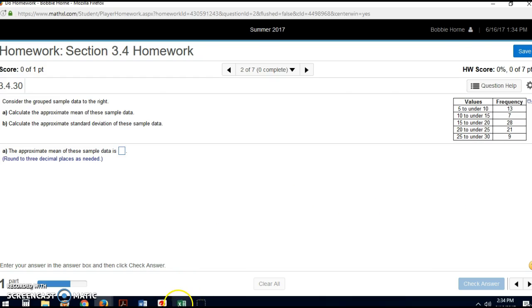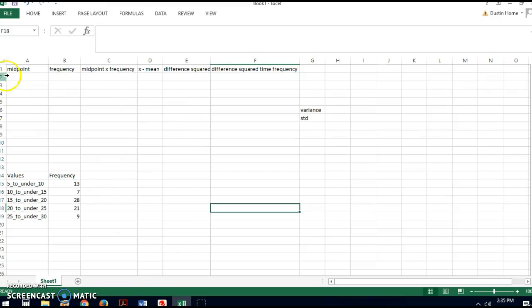So I'm going to go to my Excel sheet, and I go ahead and label it the way that I want it set up. Now on your test, if you had to do this, you could label it on your paper the same way and just use a calculator. But since we have Excel for the homework, we are going to use Excel. So here's my table so I don't have to flip back and forth.